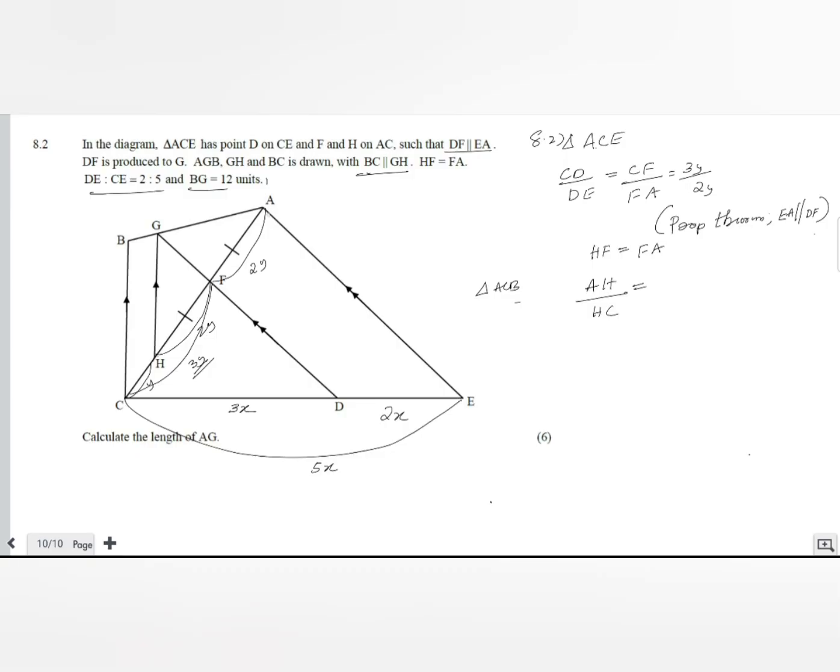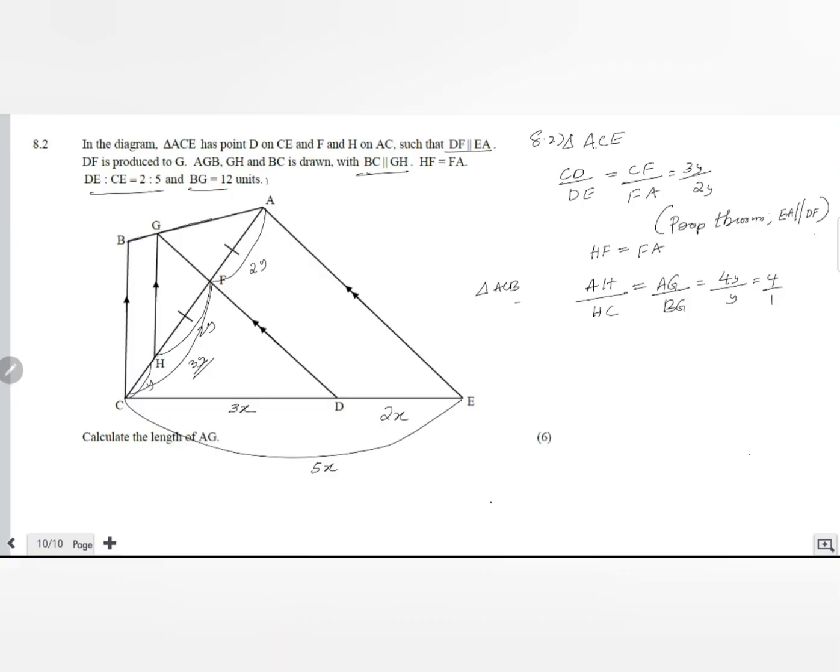I am applying the proportionality theorem, that is AH over HC is the same as AG over BG, isn't it? Okay, so what is the ratio? What is AH? AH is 4y over y, isn't it? Which is the same as 4 over 1. So I can use the same ratio here, AG.